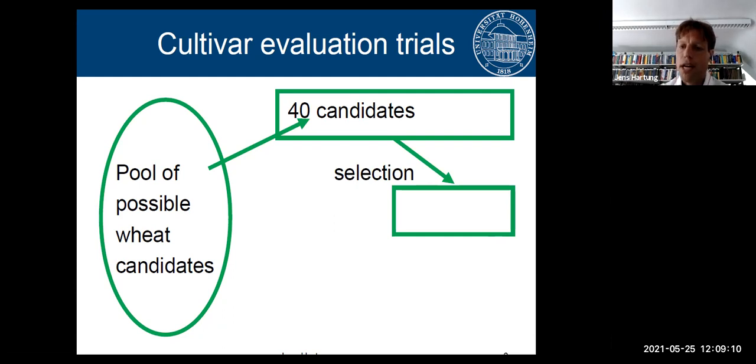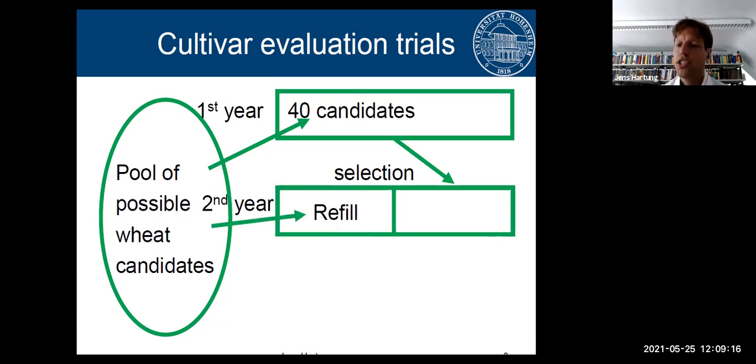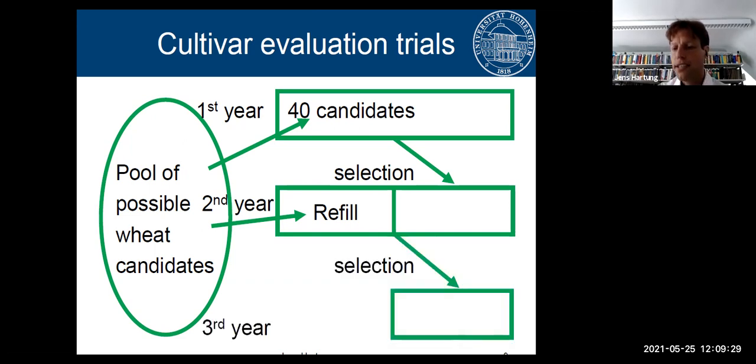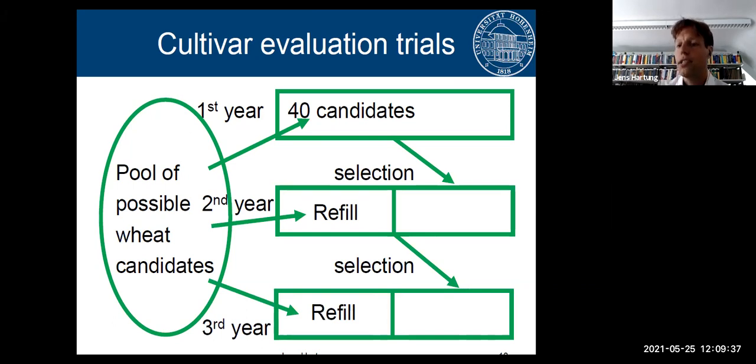Out of this pool, in the second year, the remaining positions are refilled, so that you have 40 genotypes in the second year again. These 40 genotypes are tested again at several locations, and they are selected so that you keep the best genotypes for the third year, and you refill in the third year. This is continued year by year.